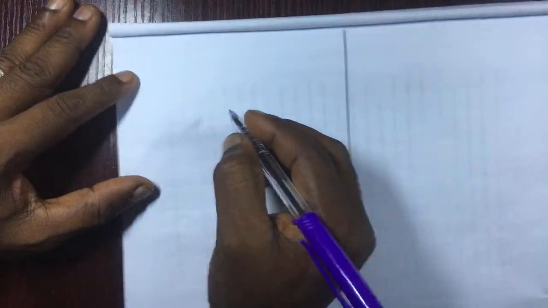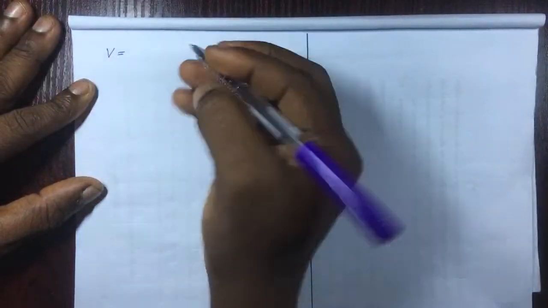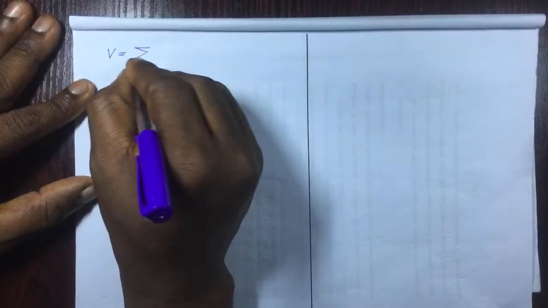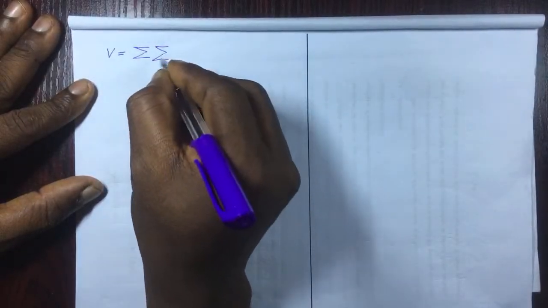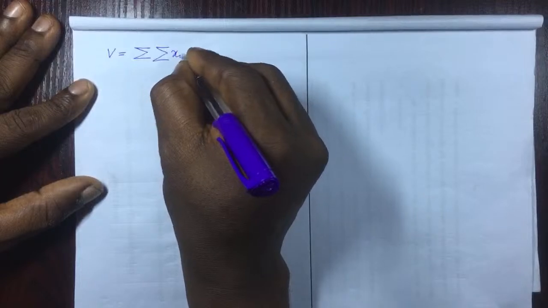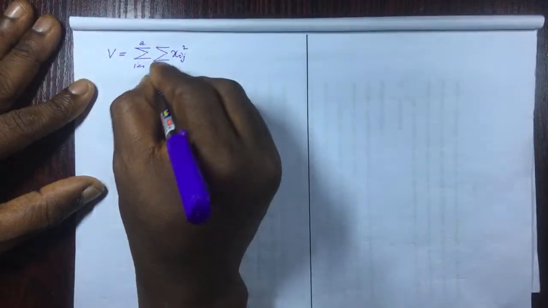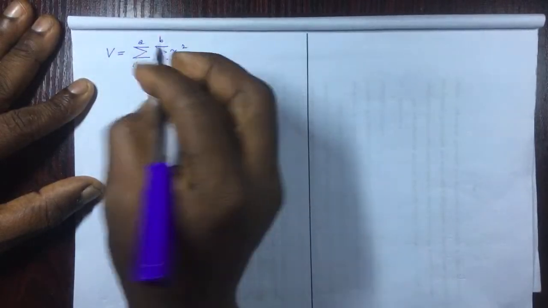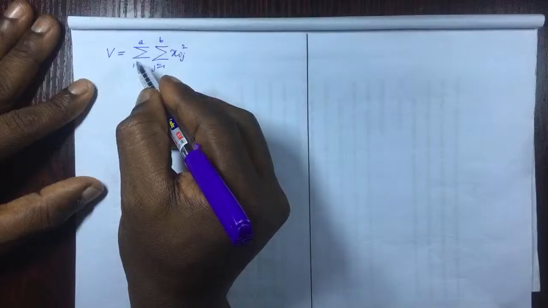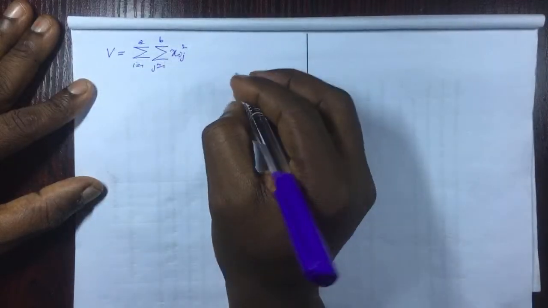Once that is done, in your step 3, the first thing you compute is your V total. The formula for computing this is the double summation of your xij squared from i equals 1 to A and j equals 1 to B, where A is the number of treatments and B is the number of levels.